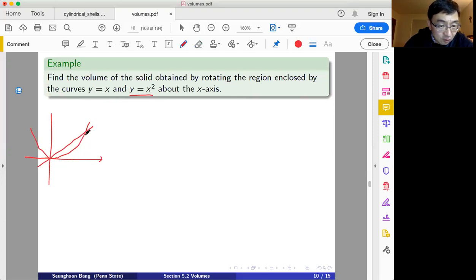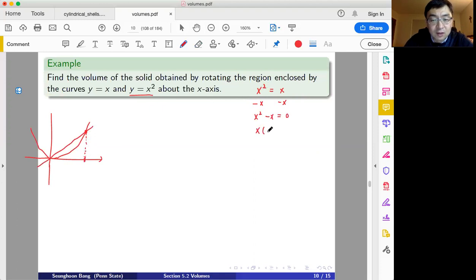So what's that? You can find the intersection point here. To find it, you solve x squared equals x. Subtract x from both sides: x squared minus x equals 0.